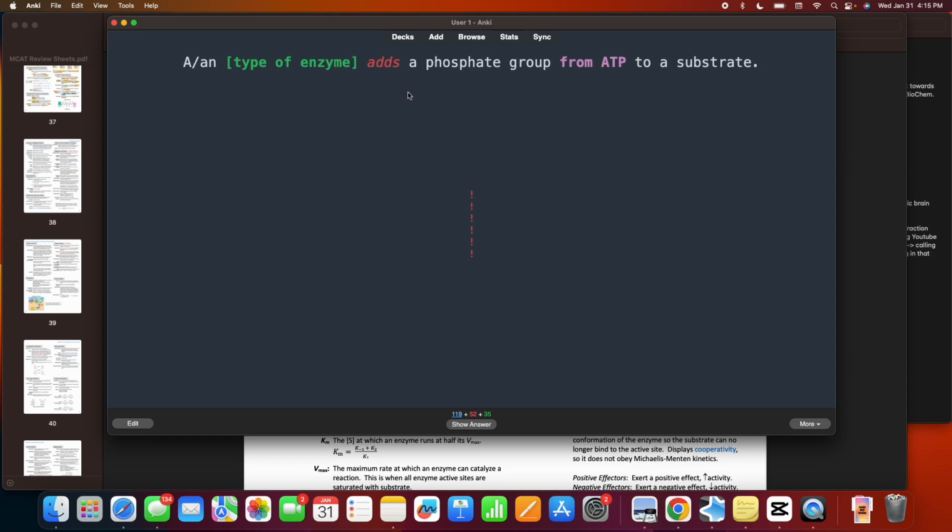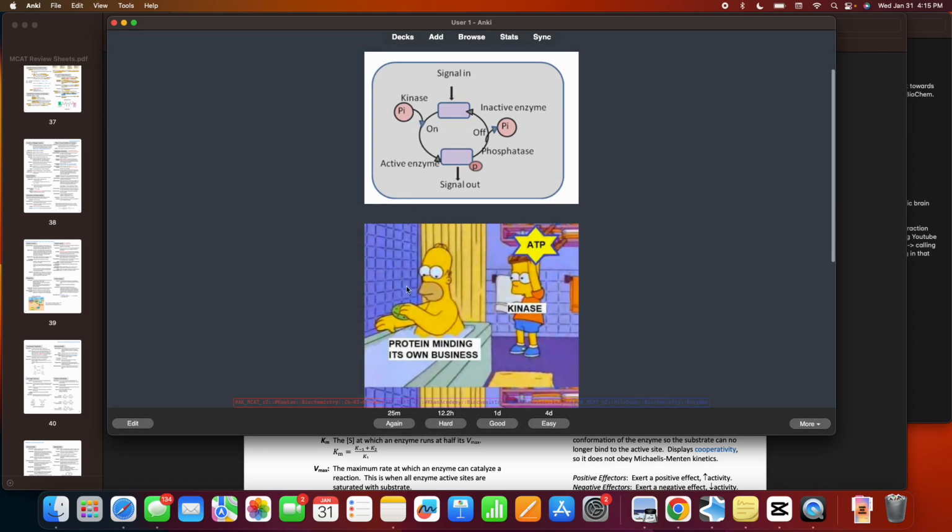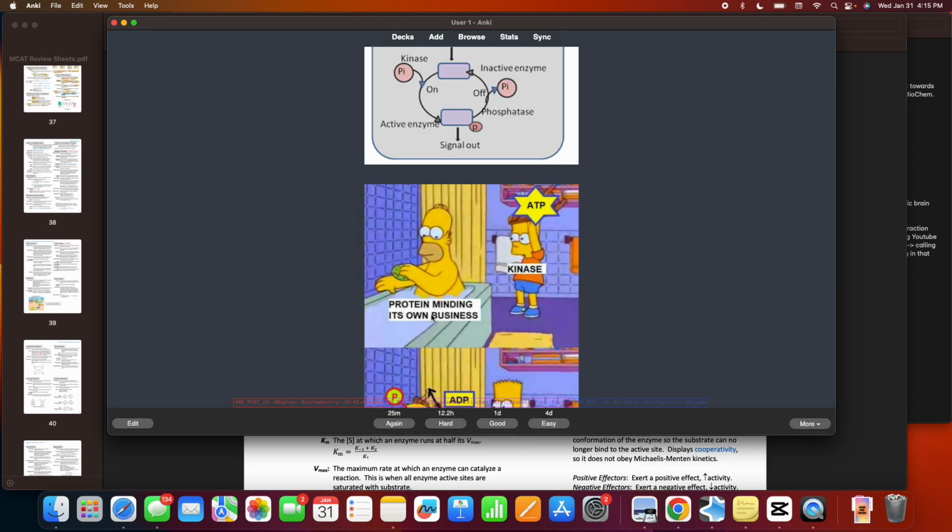I mean, we have kinase adding phosphate, phosphatase taking away. It should be kinase adding phosphate. Yeah, so kinase brings the ATP and adds the phosphate to a protein, minding its own business.